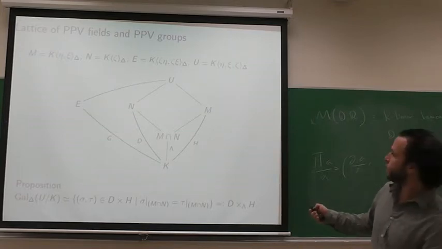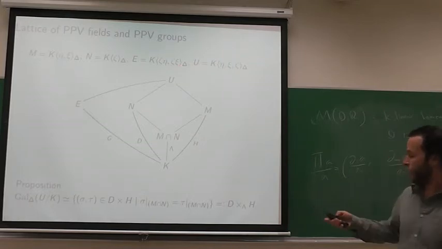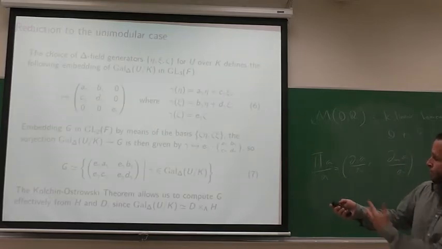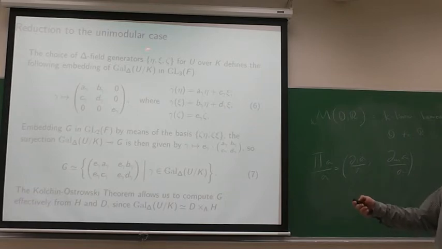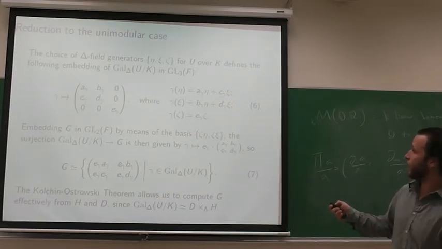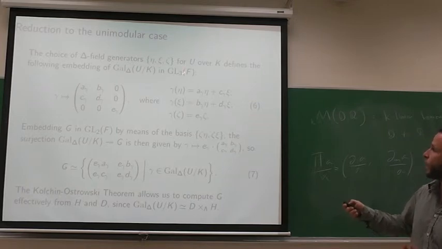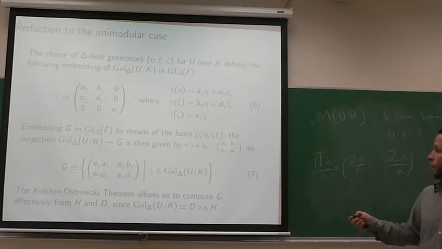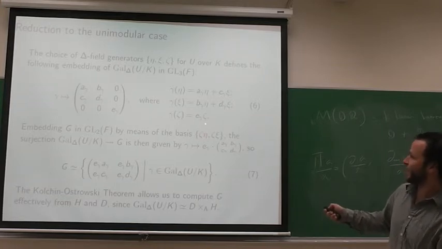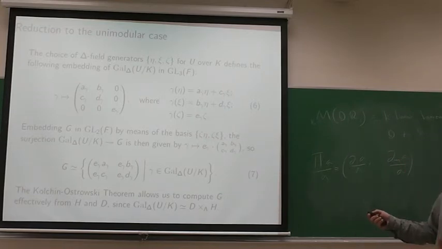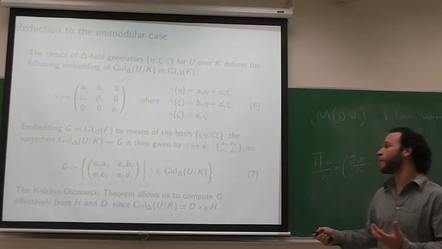So what you're able to do is compute the Galois group of U first, and then compute G as follows. So if you look at the eta and psi, they were generating the PPV extension whose group is in SO2, unimodular. So this basis, this set of generators, excuse me, for U over K, embeds the Galois group of U over K in GL3 this way. And now zeta eta and zeta psi, they were a basis of solutions for the equation that you're trying to solve.